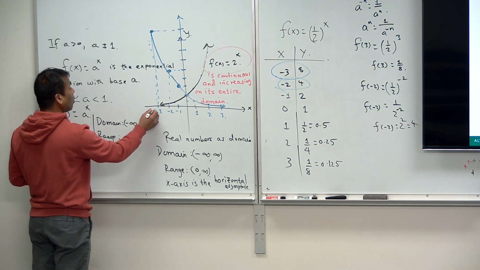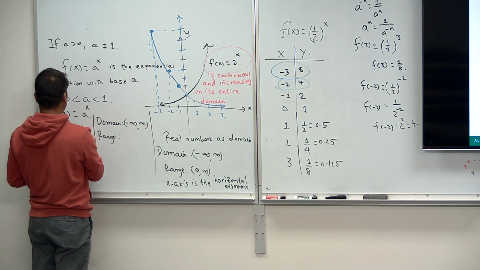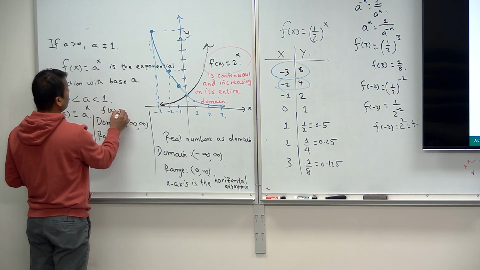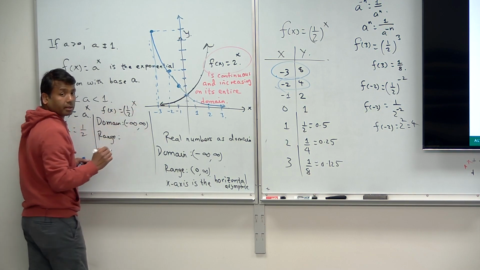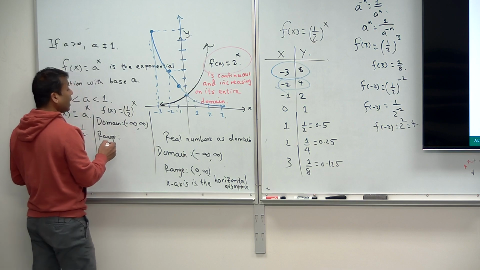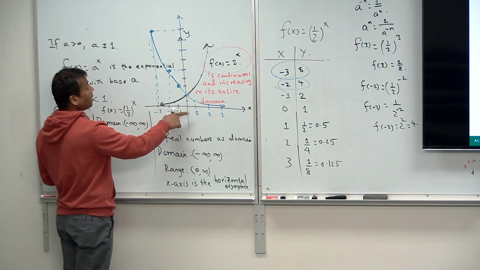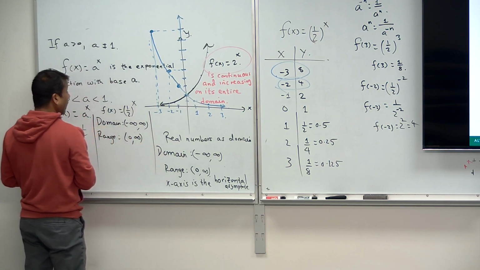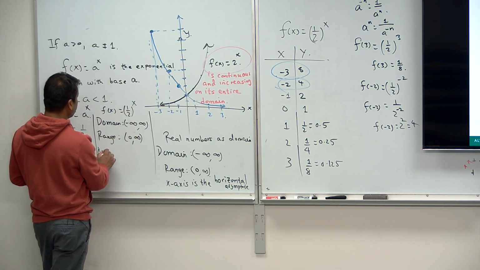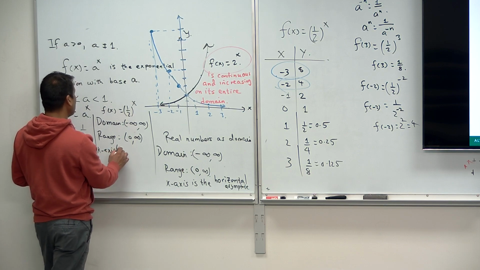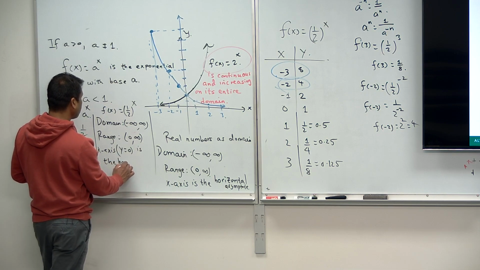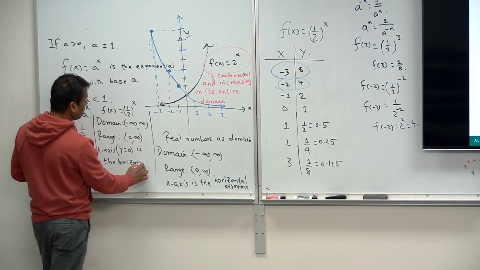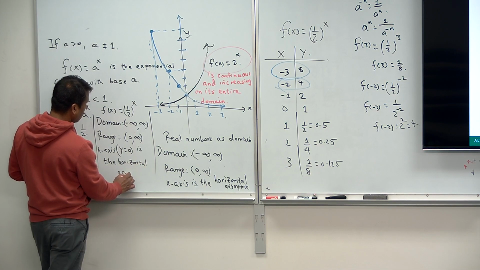I'm talking about the blue one, the graph of f(x) equal to half raised to the power x. The domain is -infinity to +infinity. Range is 0 to infinity. And the x-axis, or you can say y equal to 0, is the horizontal asymptote.